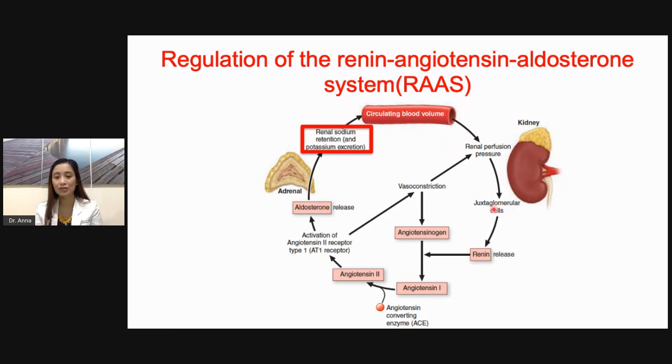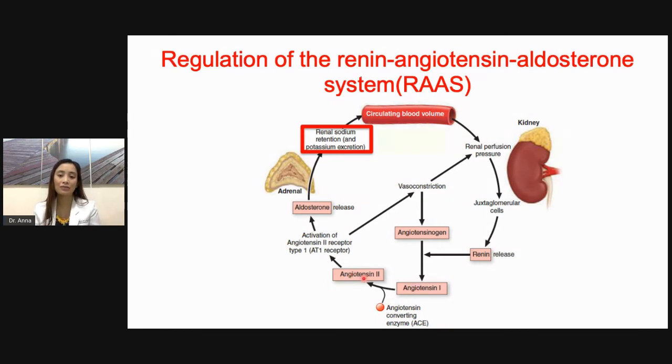Your juxtaglomerular cells will then release renin. And the renin will activate the conversion of your angiotensinogen to your angiotensin 1. And your angiotensin 1 will be converted into your more potent active angiotensin 2. And this is facilitated by your angiotensin converting enzyme located in your lungs.